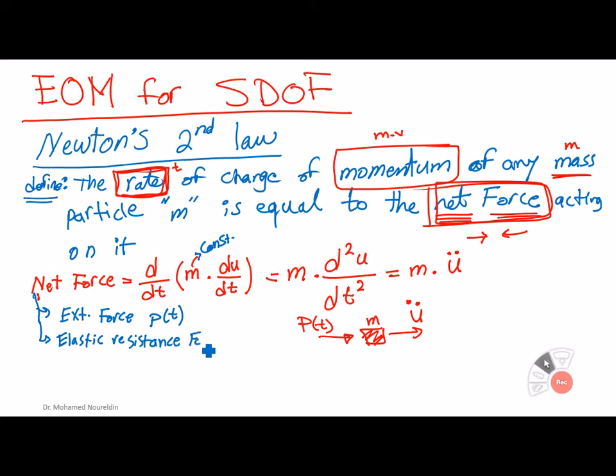We are going to call this Fs. So let's assume that P of t is applied in this direction. Fs, the resistance force, is going to be developed in this direction, which is opposite to it. And we have something else, which is the damping.